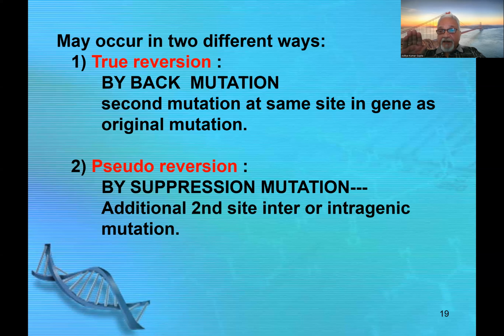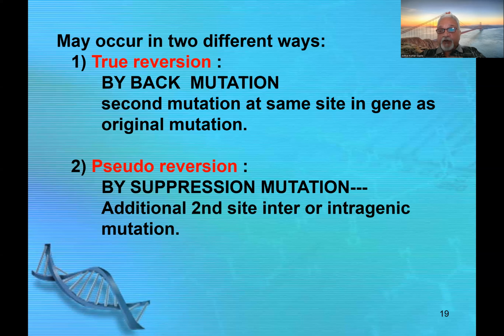In pseudo reversion or false reversion, the original mutation stays, but the second mutation is such that it suppresses the original mutation, and the cell regains the wild type phenotype.